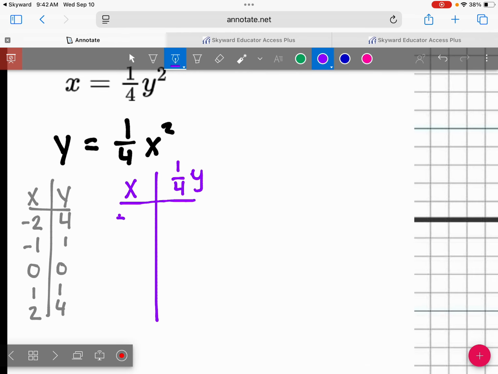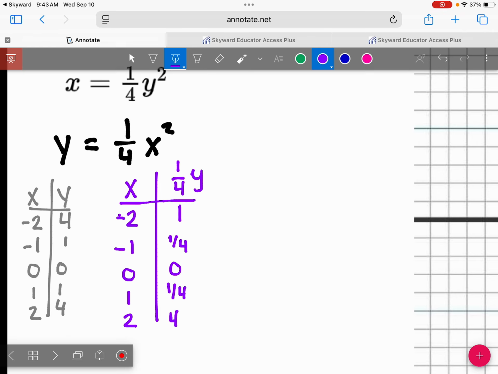So our x's are staying exactly the same, -2, -1, 0, 1, and 2. 1/4 times 4 is going to give me 1. 1/4 times 1 is 1/4, 0, and then we'll have another 1/4, and then we'll have a 1. I'm not plotting that one, because I want to actually plot the top one where we had our x equals. So from here to here, I just switched my x and my y because this is way easier to make a table for.